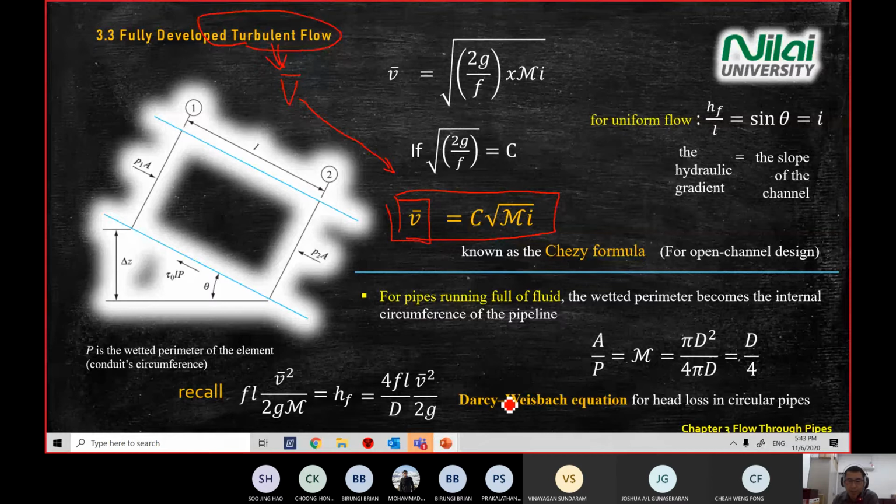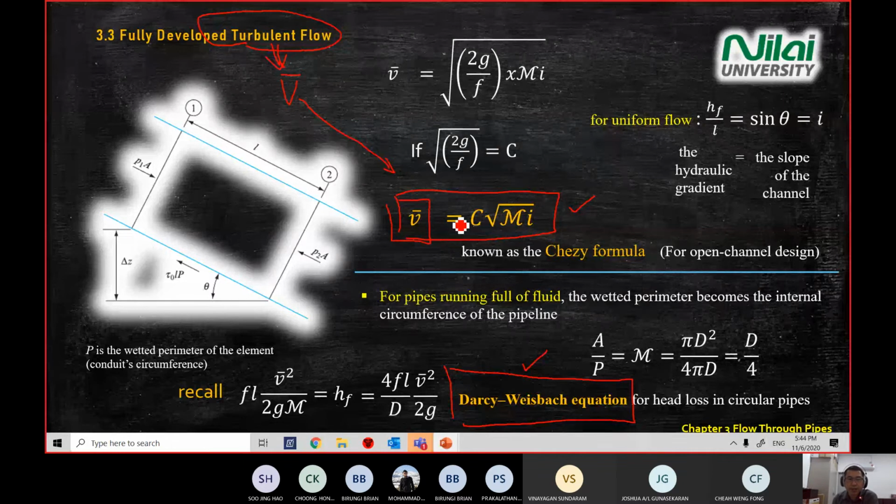And the Darcy-Weisbach equation is this one: f L V squared over 2 g d equals hf, and so forth. So make a note in your revision notes, this slide is important. It summarizes what you should know, what the Chezy formula is, and what the Darcy-Weisbach equation is.